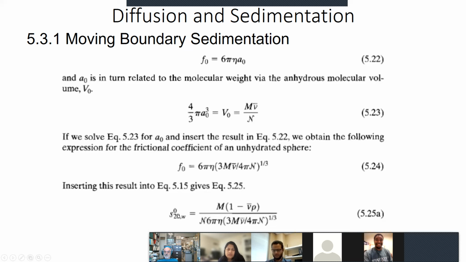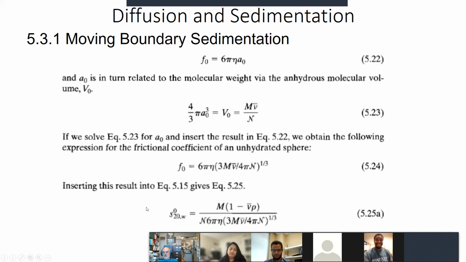The sedimentation coefficient that we've used is m times the buoyancy term divided by N f, or f0 if it's a sphere. And now we've solved for f0, assuming that it's a sphere and that we can calculate the volume of a single molecule, corrected for Avogadro's number. This is the mass of a mole of molecules.